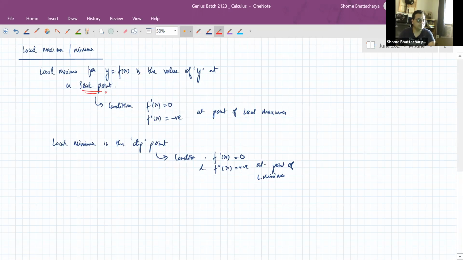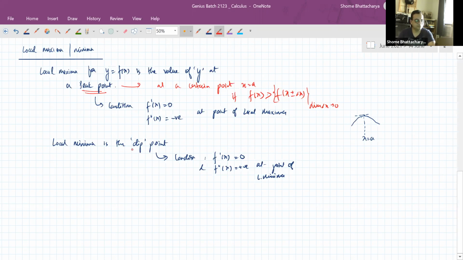However, what do we exactly mean by the peak point? So what we saw is that at a certain point, let's say x equal to a, if f of x is greater than f of x plus minus delta x around it, where delta x is very small, so again limit delta x tending to 0. That means at that point, the function is reaching this kind of a situation. So the value of the function, the y coordinate at that point A, is greater than the y coordinate just to the right or left of it.